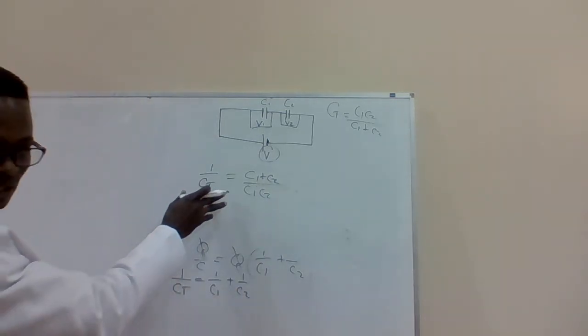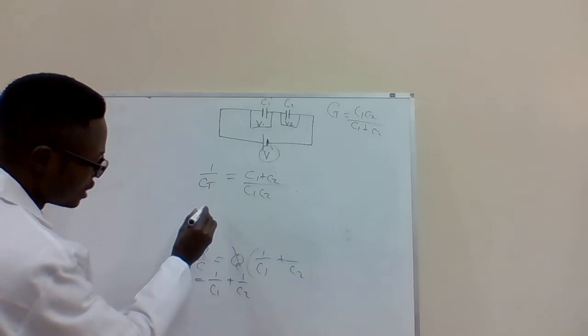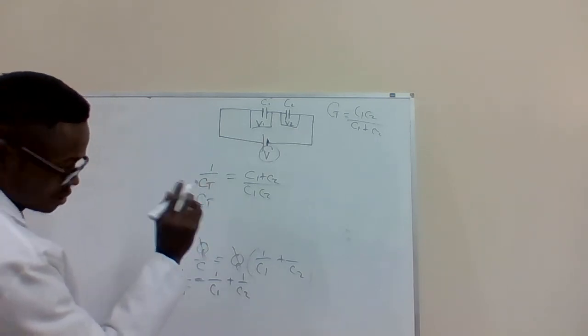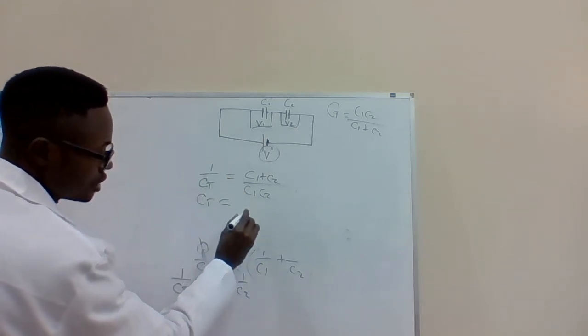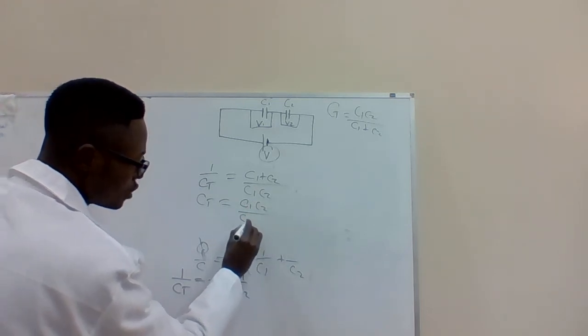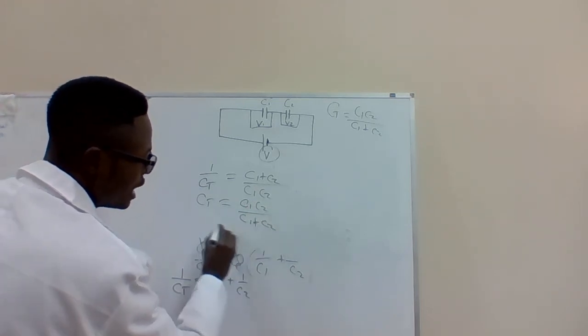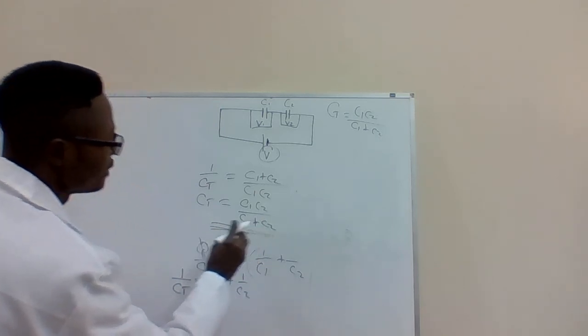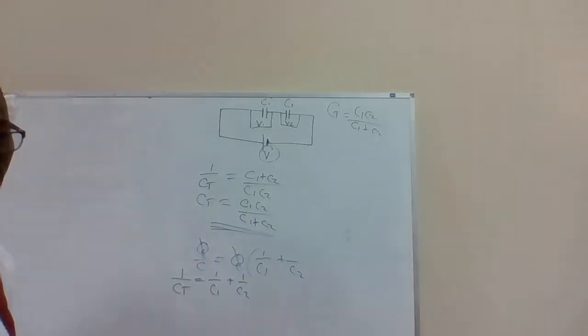Now, we take the inverse of this so that we have C total. So C total is given by C1 C2 all over C1 plus C2. And this is our formula for calculating the total capacitance.